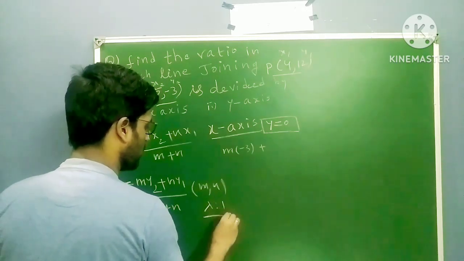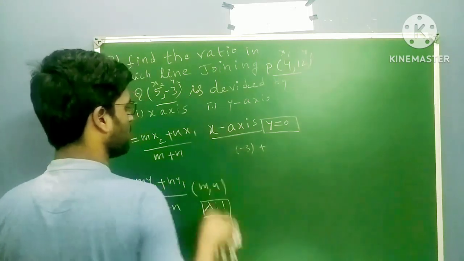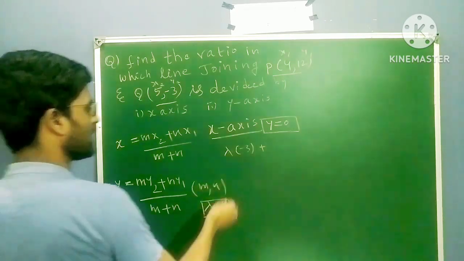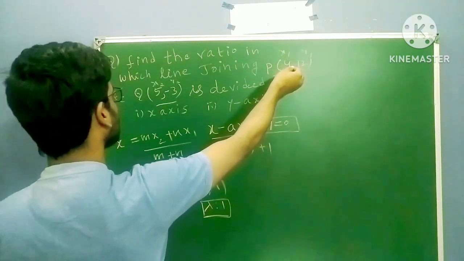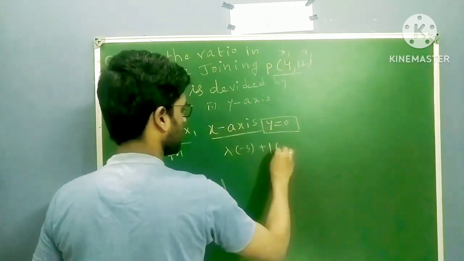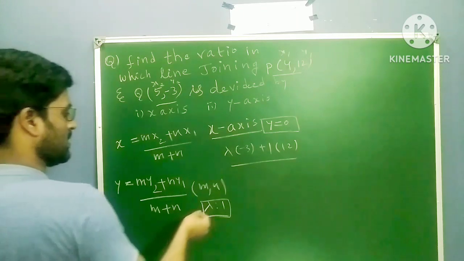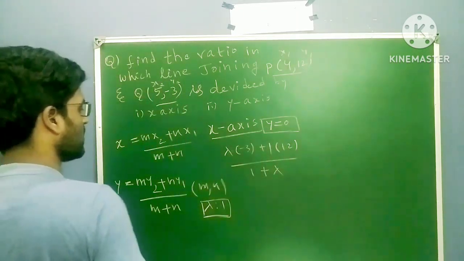In place of m I'm putting lambda, and in place of n, 1. And y1 is this 12, by m plus n, that is lambda plus 1, that is 1 plus lambda. This is the first thing.